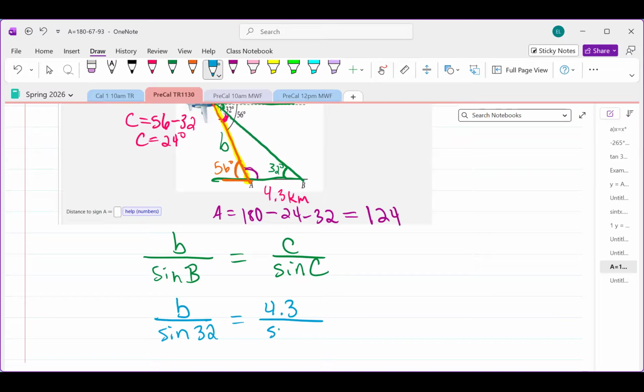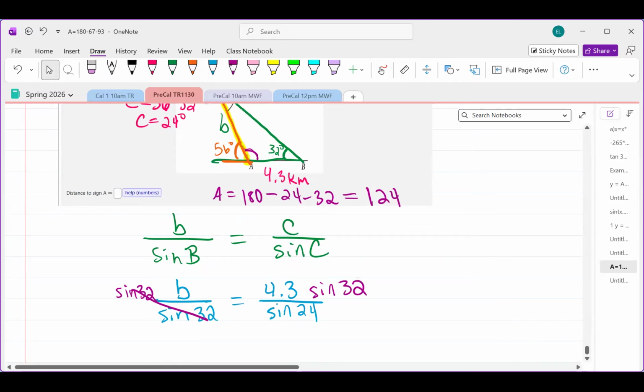And angle C is 24. And then we multiply by the sine of 32. So 4.3 sine 32 divided by sine 24.